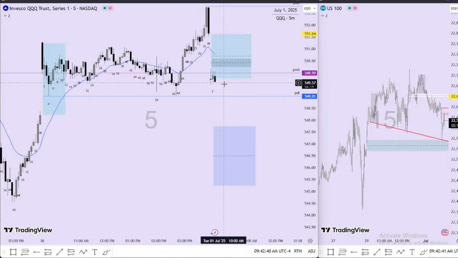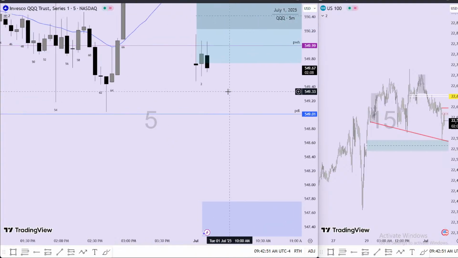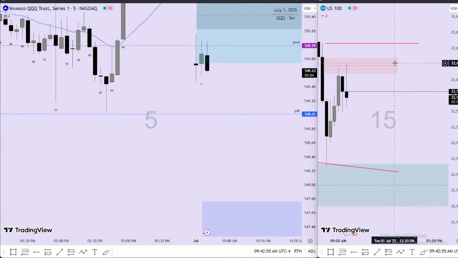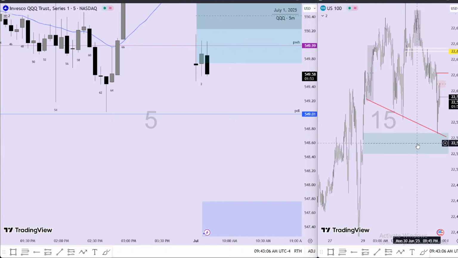If we fall below this level and below this level, then we can expect a second leg towards this box. But for that, I need a strong closing below this low on a 15 minutes, or this low. Then I can target this green box.